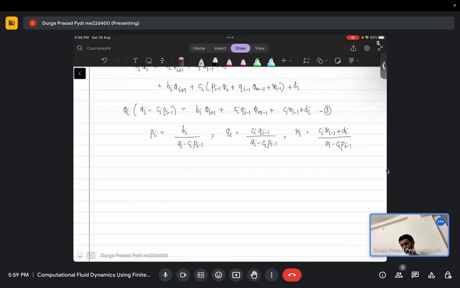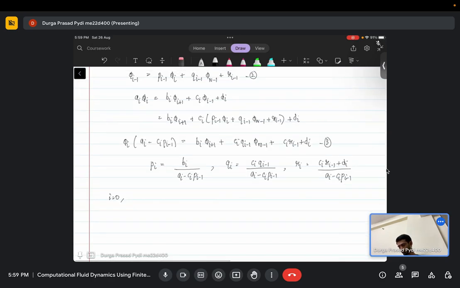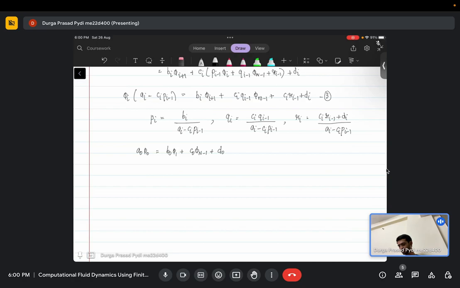For the initial case, when i equals 0, we have initially a0 phi 0 equals b0 phi 1 plus c0 phi n minus 1 plus d0.